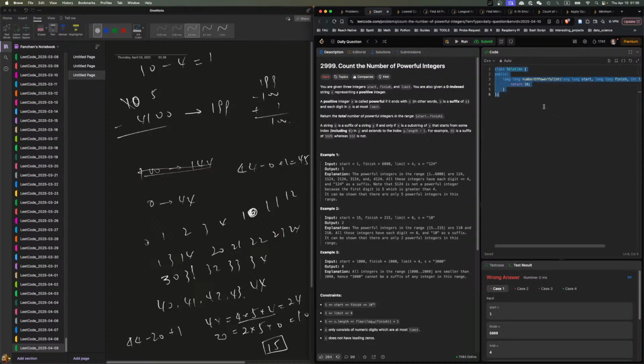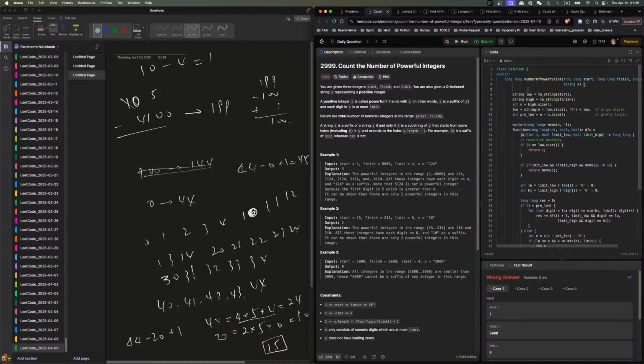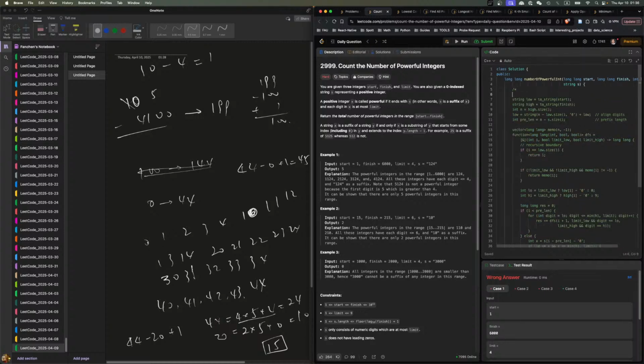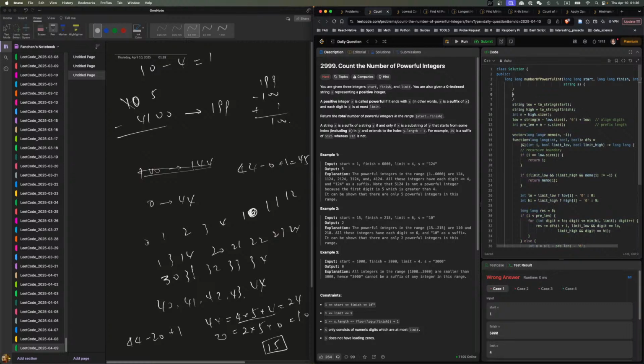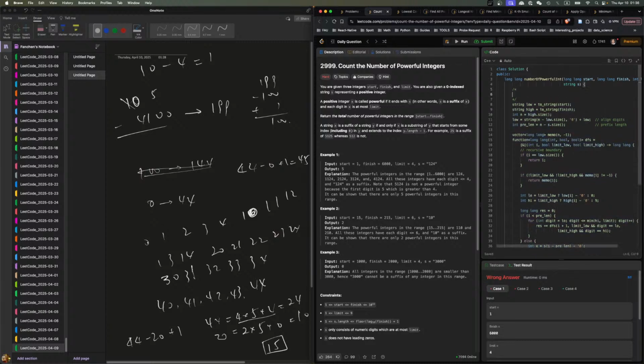Okay, so I'll submit it first. Right, because it's late, but I just want to make sure we'll go back to this some other time. Essentially, that's what it means. This is a copy and paste.